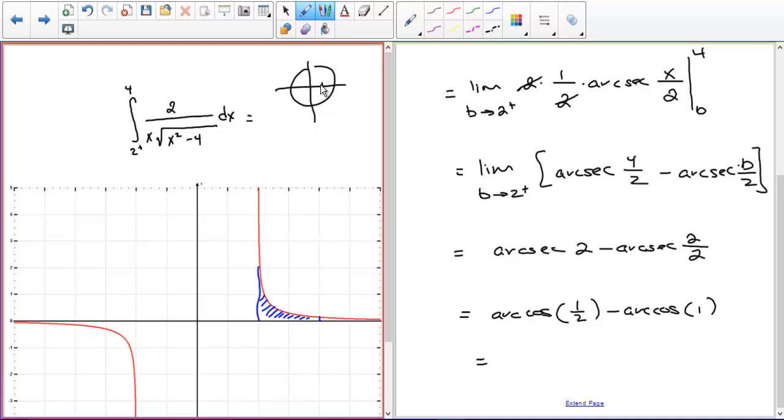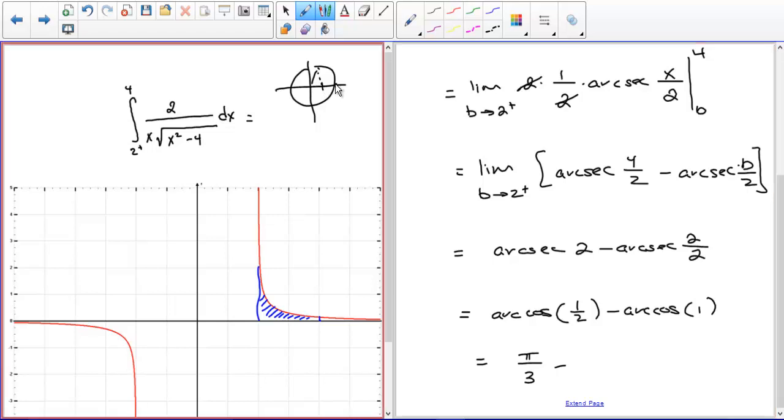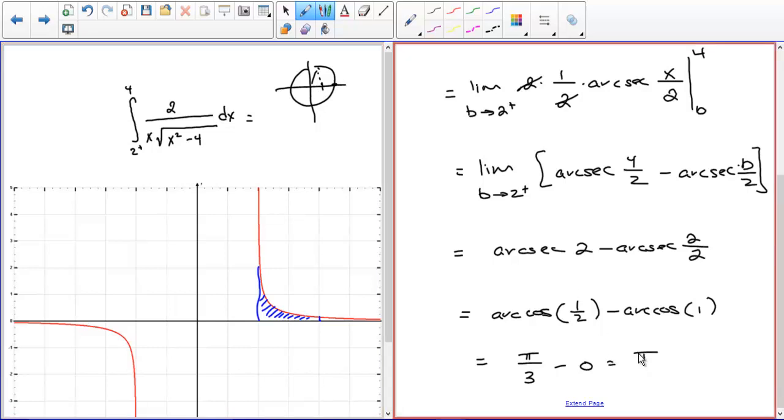So here's 1/2. That means that the angle is going to be pi over 3. And the angle whose cosine is 1 is going to be equal to 0, because the x-coordinate where x is 1 is right here, which is an angle of 0 radians. So the final answer is pi over 3.